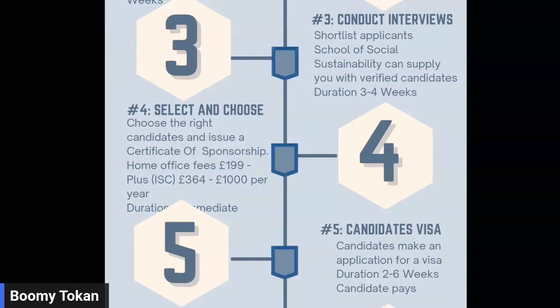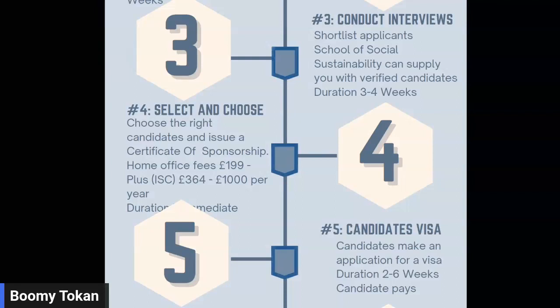Let's talk about the cost. The cost of each license is £199 for each teacher. Plus, you would pay what's called the ISC, which is the Immigration Skills Charge, of £364 if you're a small organization, meaning your income is less than 10 million, you have less than 50 million worth of assets, and you employ less than 50 people.